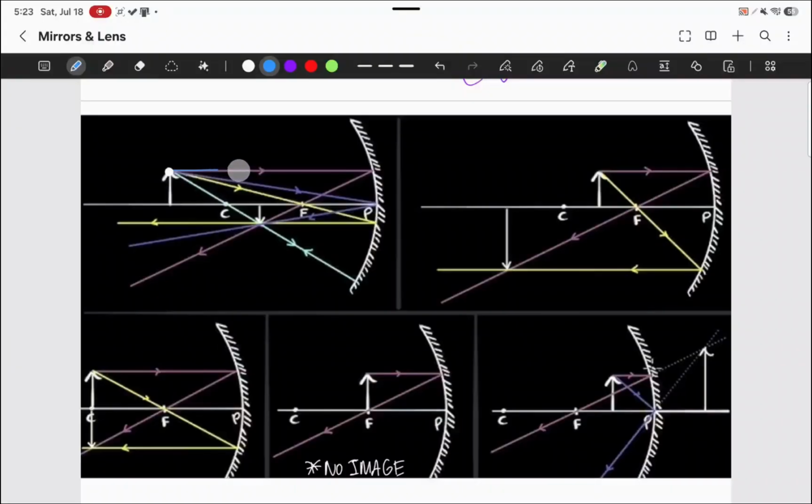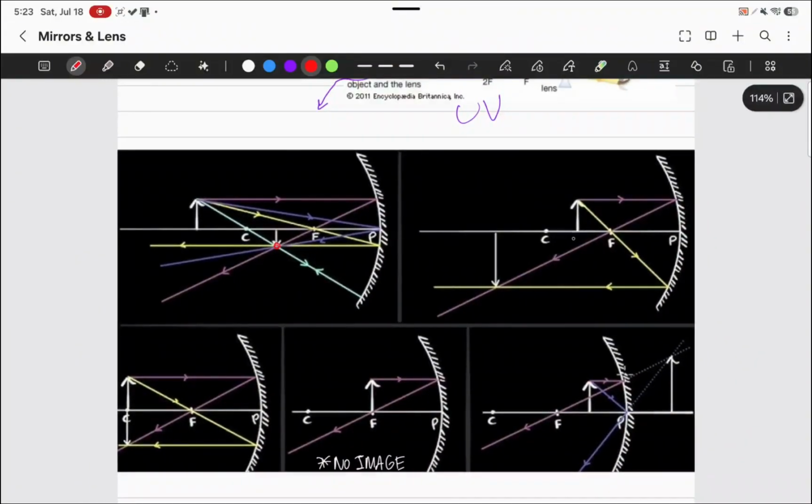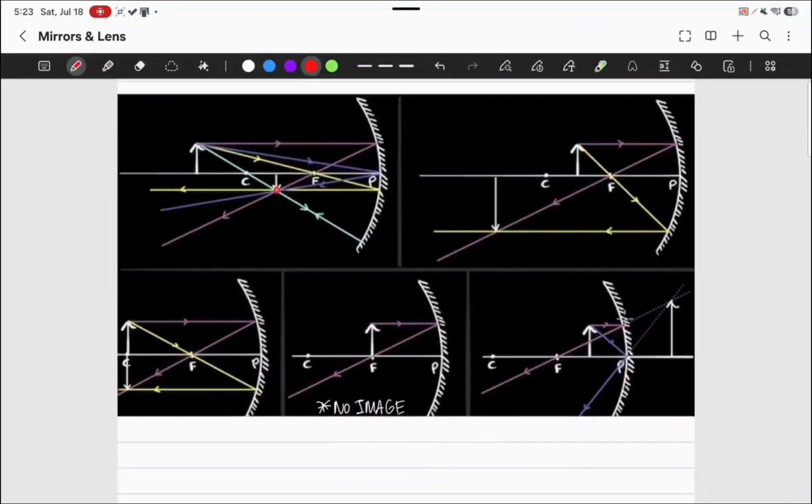That doesn't really matter that much. What matters is that the image comes in at this point right here, and it's smaller because this is after the center of curvature. If it's between the center of curvature and the focal point, then it would be bigger, but it would still be on the same side.